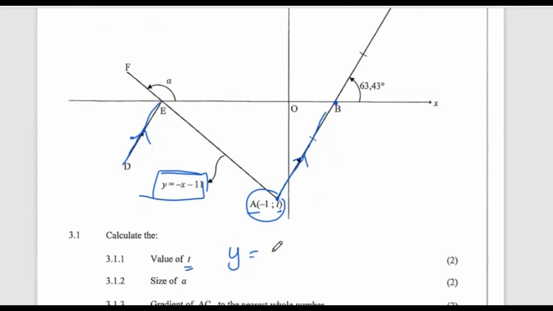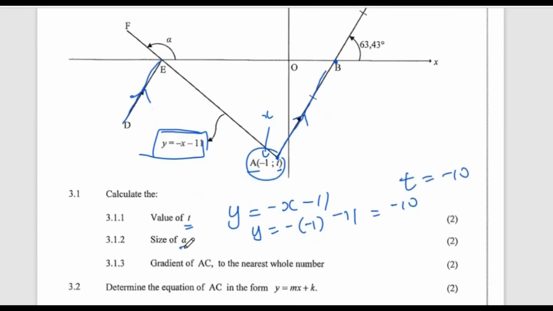So we're going to have y is equal to negative x minus 11. What is the x coordinate? The x is negative 1. So I'm going to say y is equal to negative 1 minus 11. The answer is negative 10. So which means my t is negative 10.